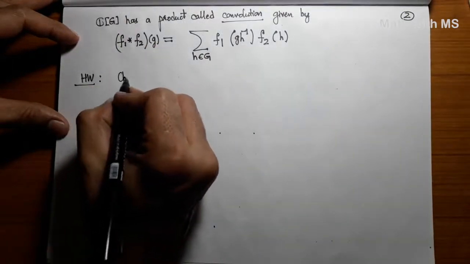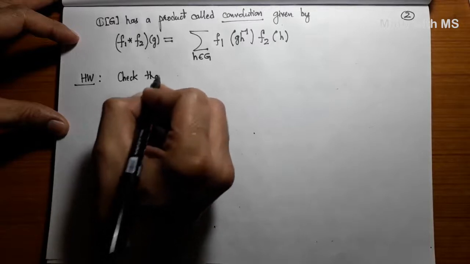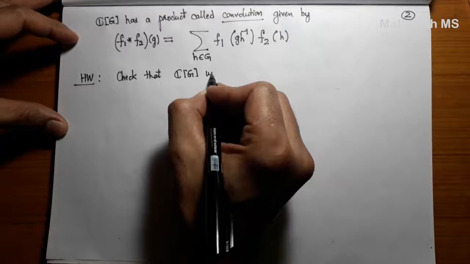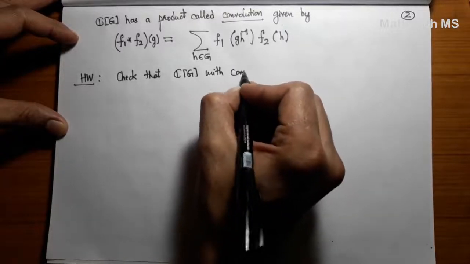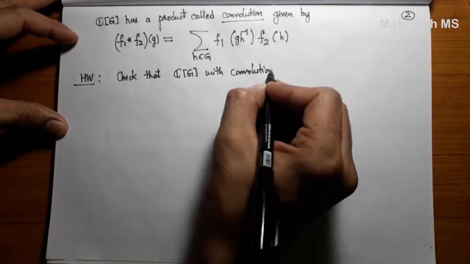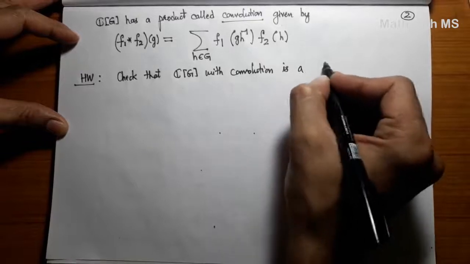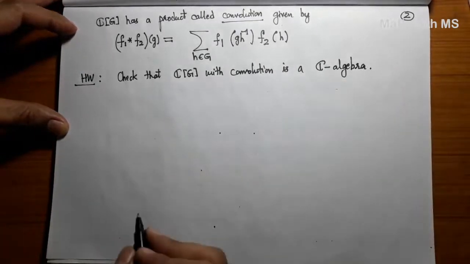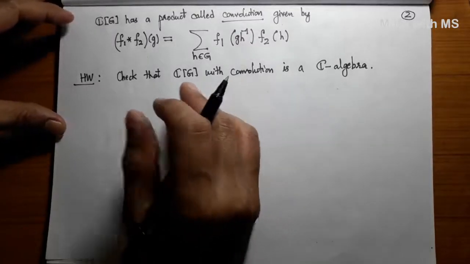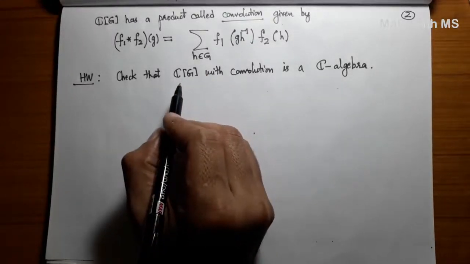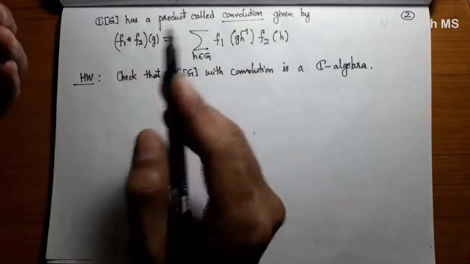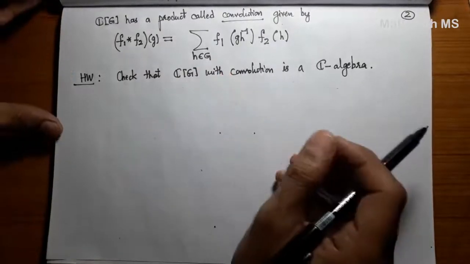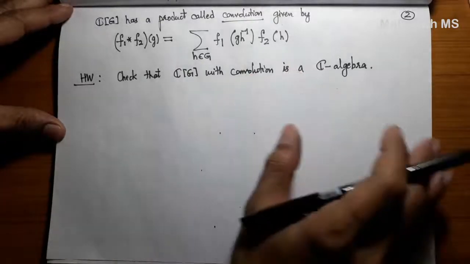Homework is to check that CG with convolution is a C algebra. That means CG is a vector space over C, and this product distributes over addition from both left and right, and also behaves nicely with scalar multiplication. So we will come back to this later on.